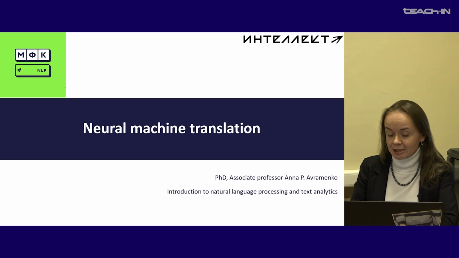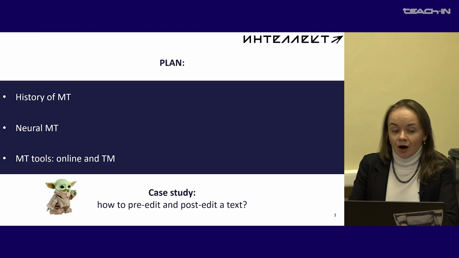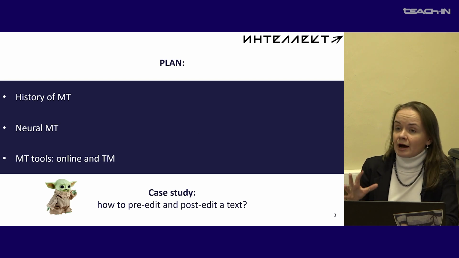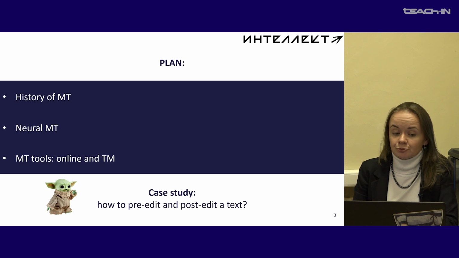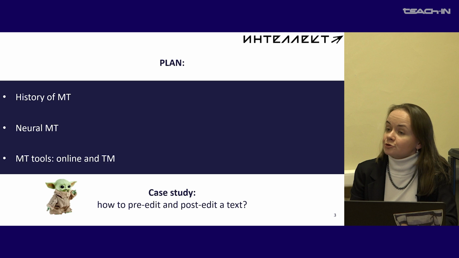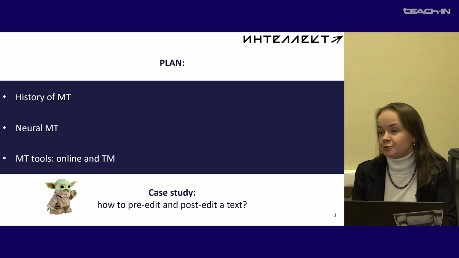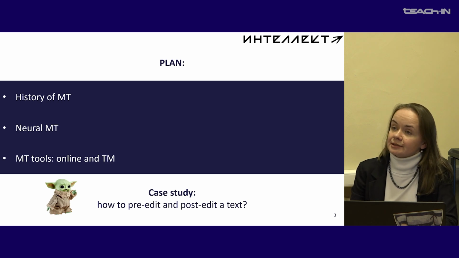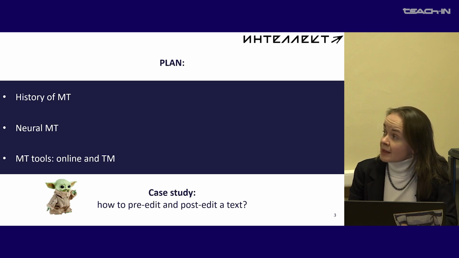So, in terms of machine translation, we will first discuss a bit of history of these methods, because there are three main approaches to machine translation, and they are parallel to supervised and unsupervised learning techniques: data-driven and rule-based.